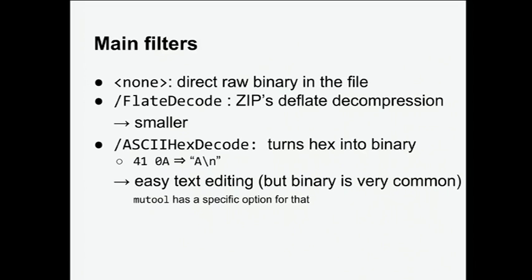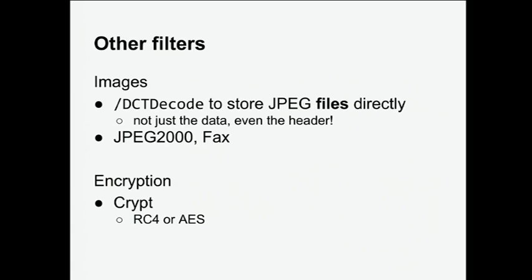And MuTool has a tool to directly turn everything into hex, not binary anymore, so that it's really easy. Then your PDF becomes non-binary. So if you want to exploit something by sending it as a string, this is a good way to turn a complete PDF in an instant way into ASCII only. So you could send it as a string. And another important filter is this one, which just means it's a JPEG image.